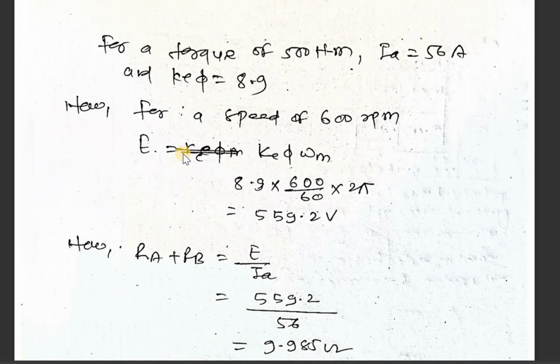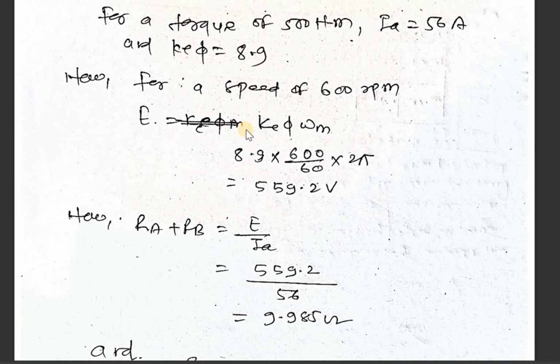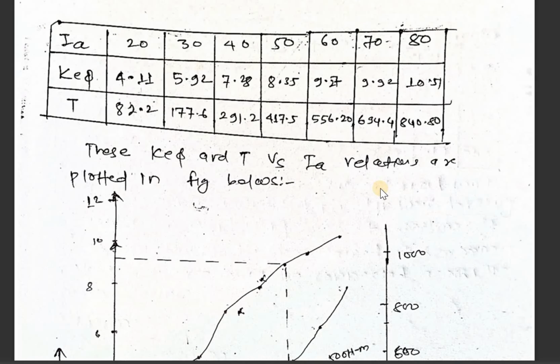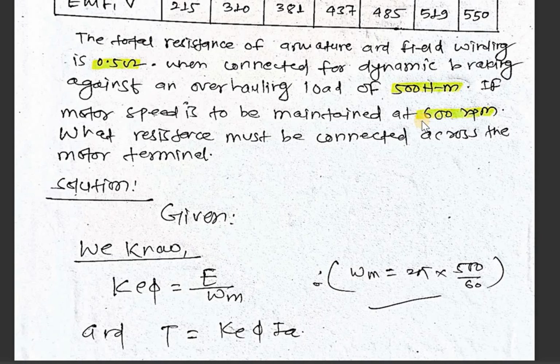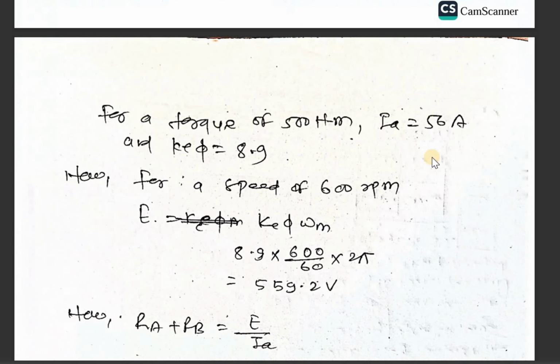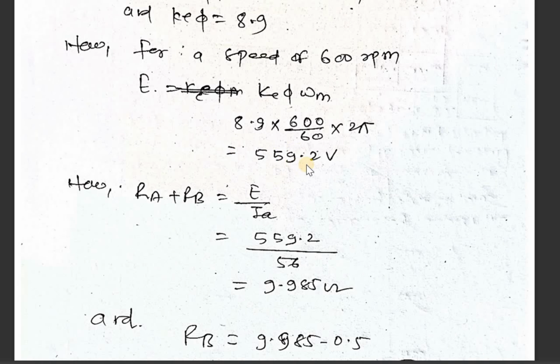Then for a speed of 600 RPM, E equal to Ke phi into omega. So 8.9 into 600 upon 60 into 2 pi. This is for 600, as given in the question. For this 600, we get E equal to 559.2. So Ra plus Rb equal to E upon Ia. The value of E is 559.2 upon 56, that is 9.985.